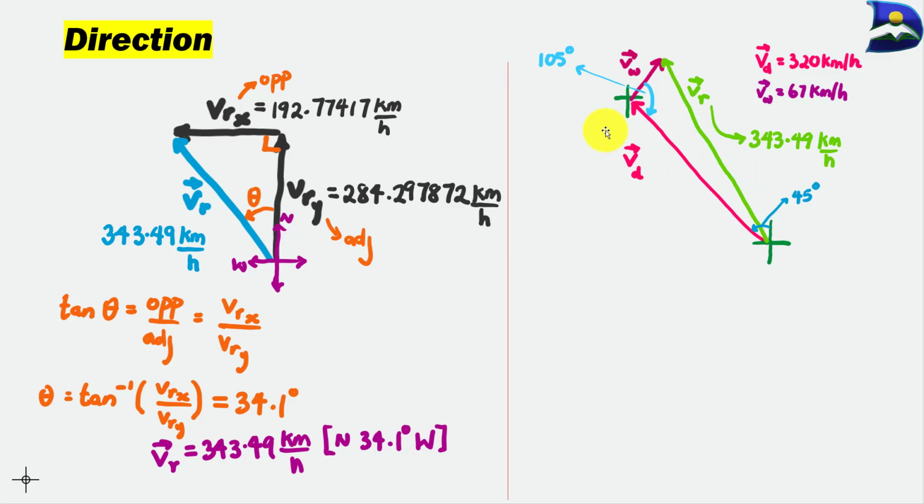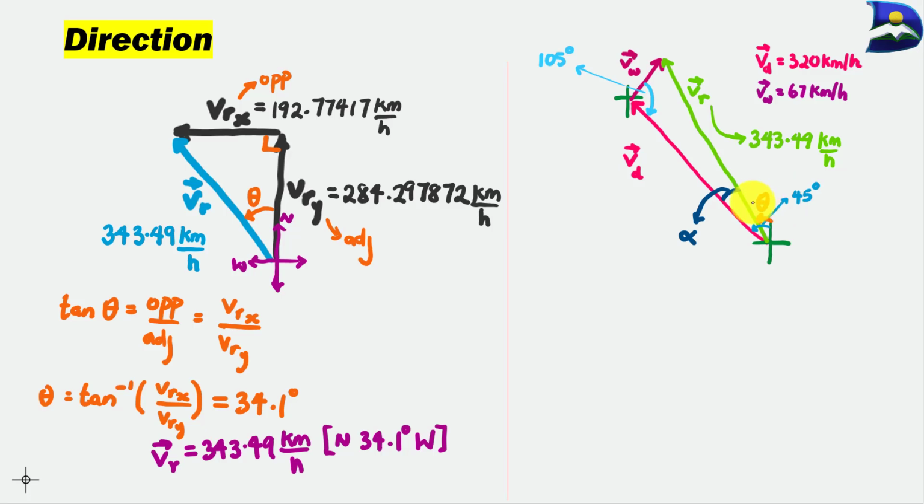And to do that, we need to be able to determine what this particular angle is, which is called theta. To determine what theta is, we need to first determine what this angle is as shown right over here. And this angle here we're going to label, let's say, alpha. And once you determine what alpha is, we will then proceed to finding what theta is.